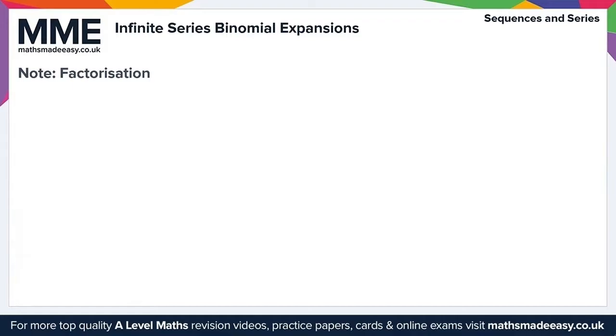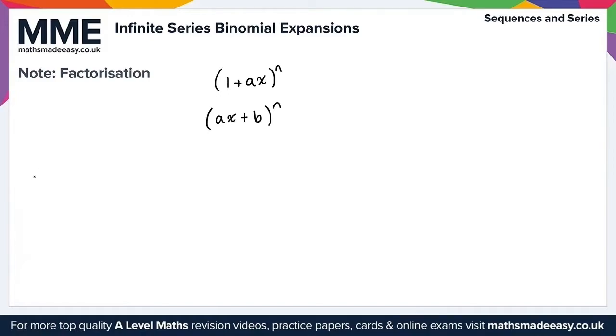Let's just make a quick note here on factorization. Now, the formula that we've just used only worked for expressions of the form 1 plus ax to the power of n. So how would we expand, for example, ax plus b to the power of n?